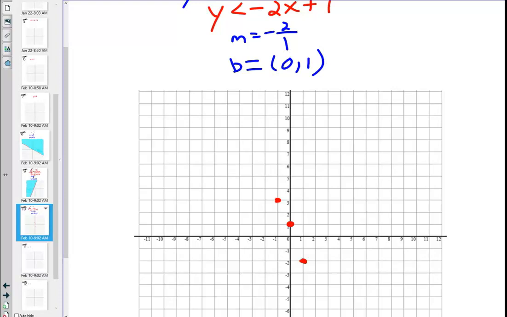You won't, because of the midterm next week. You have a test coming up, but it's not going to be just on this. It's going to be mostly on systems. That's at the end of the month. It's already on the calendar. Systems of equations. Actually, we don't do systems of inequalities, just systems of equations.